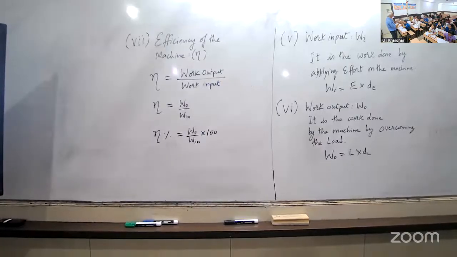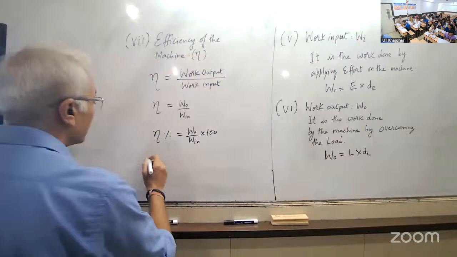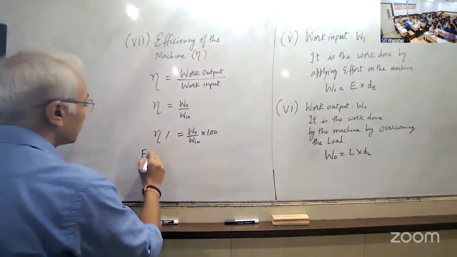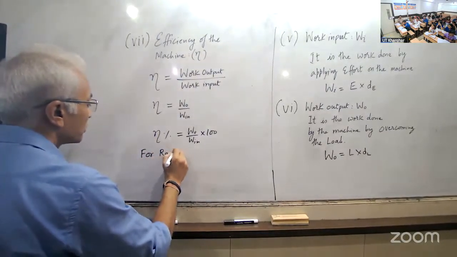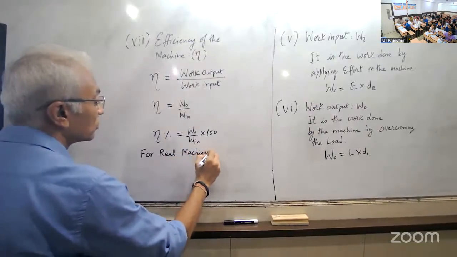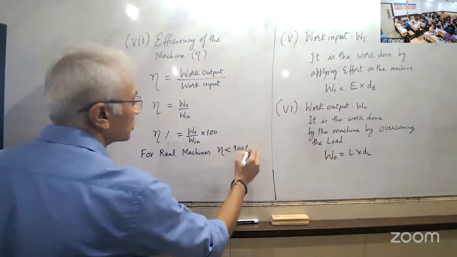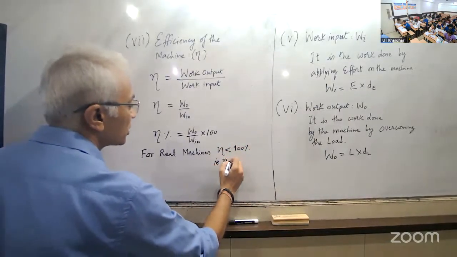Some of it will be converted into heat energy, which is gone. So generally, for real machines, efficiency is less than 100%. That is, efficiency is less than 1.